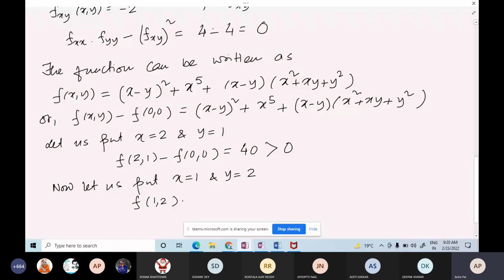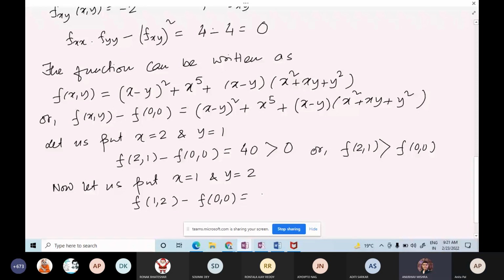If you put x equal to 1 and y equal to 2, what will you get?